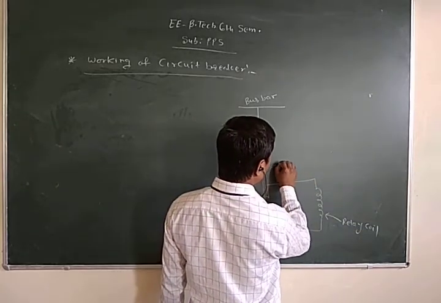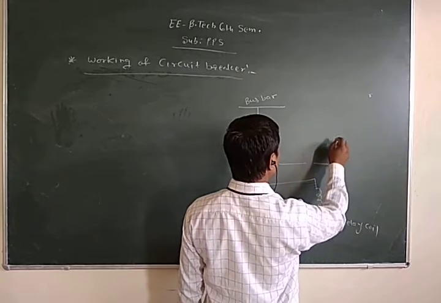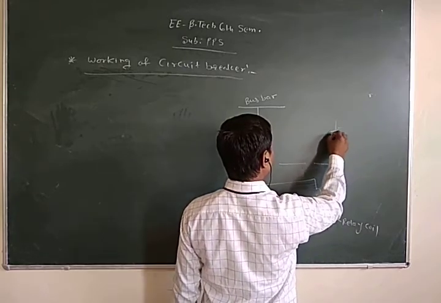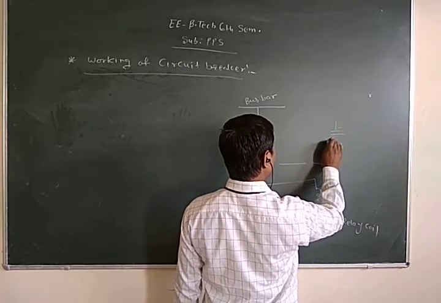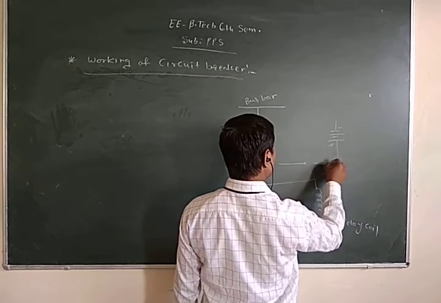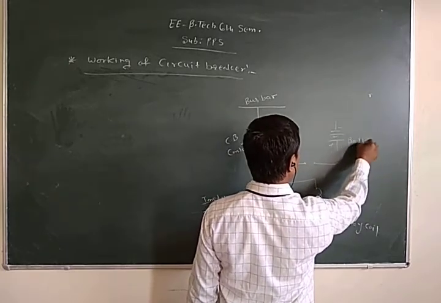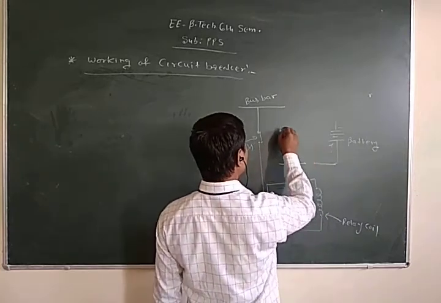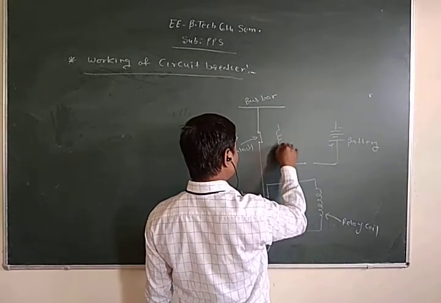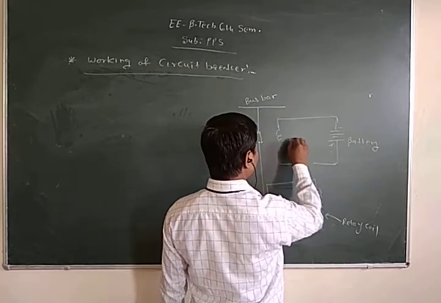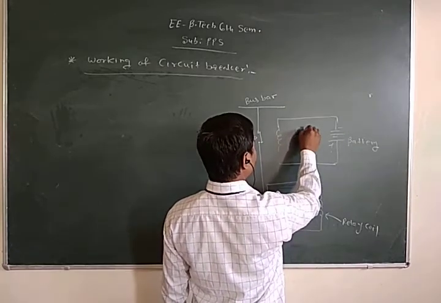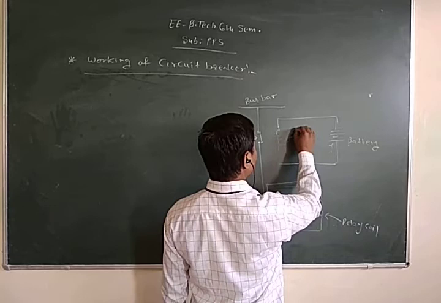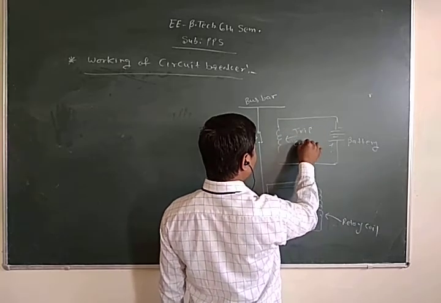Now we use this battery, and this is the trip coil of the circuit breaker.